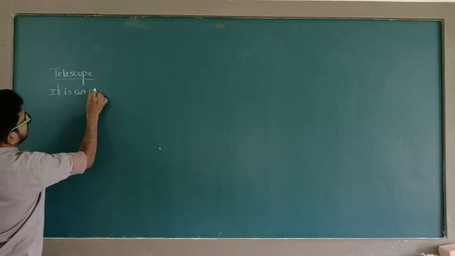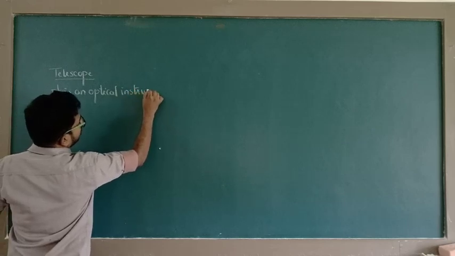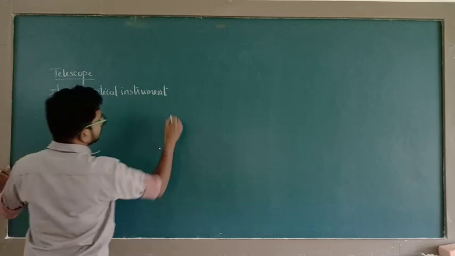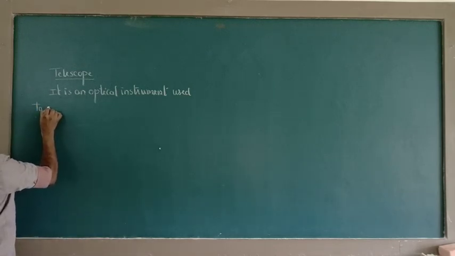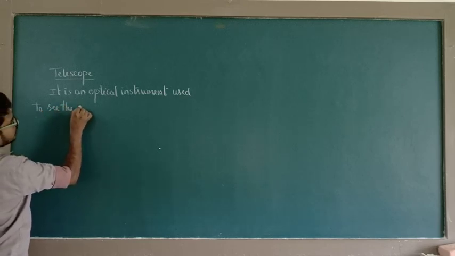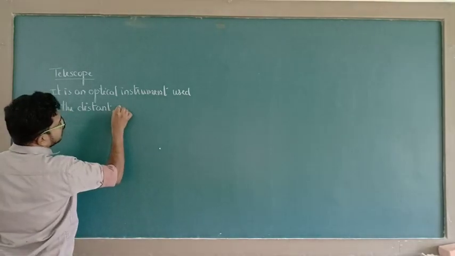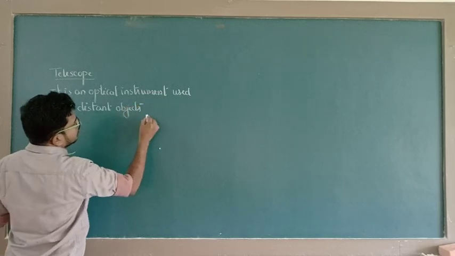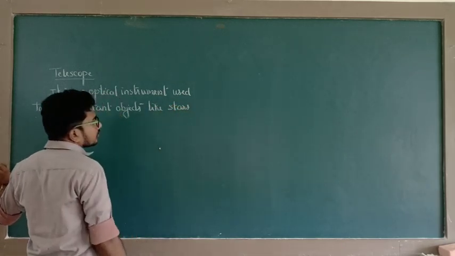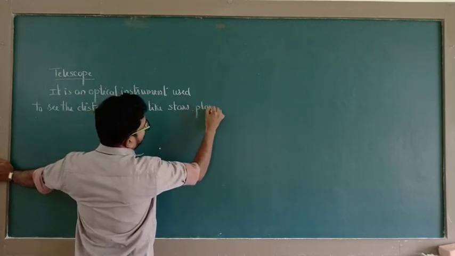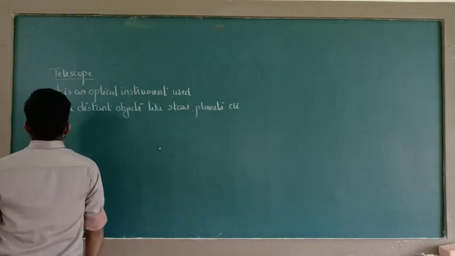It is an optical instrument used to view distant or heavenly bodies like stars, planets, etc. So this optical instrument is known as a telescope.